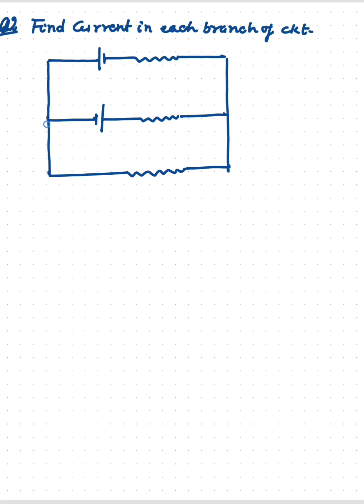This is the junction A and this is the junction B. This battery is a 12-volt battery and this battery is an 18-volt battery. This resistance is 3 ohm, this resistance is 6 ohm, and this resistance is 4 ohm. So this is the circuit given in the question.